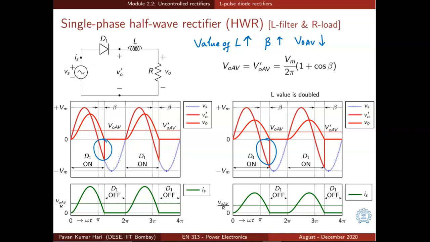So the average value of output voltage is decreased, and consequently the average current will also be less. An example is shown here where the value of L is doubled, which resulted in a lower value of output voltage and a lower value of output average current.